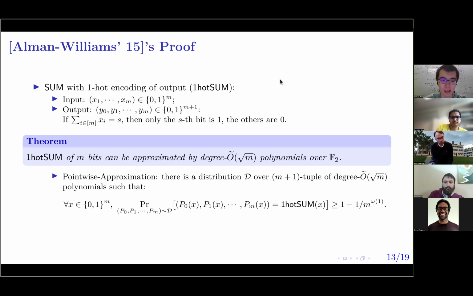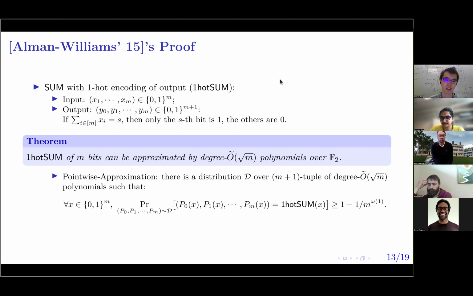Which means there are n+1 many possible outputs. Then we output an n+1 length vector, and it means what the output is. Let's suppose the sum is little s. Then only the little s bit is 1, and the other bits are 0. So only one bit of this output vector is 1.